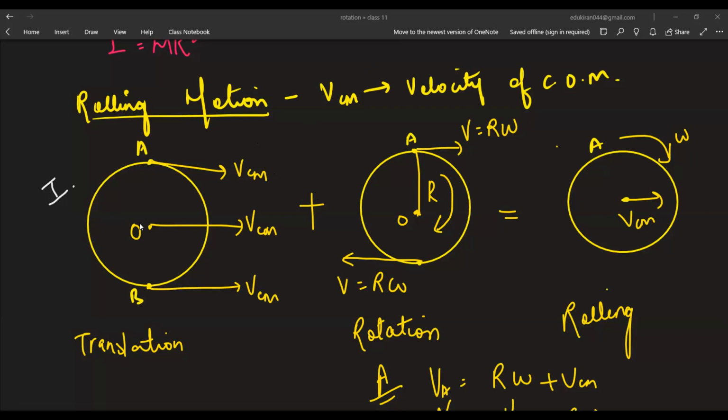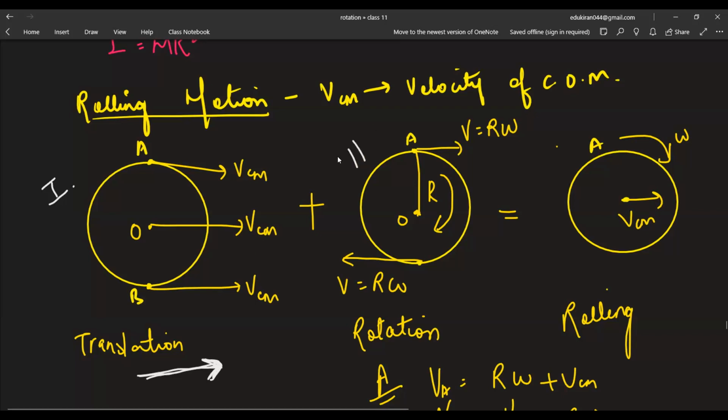Okay. So these 3 points are just taken for reference: the velocity of the center of mass at this point and at point B. When the body just moves straight, that is translation, which you have studied, and all of Newton's laws are applicable in the inertial frame.